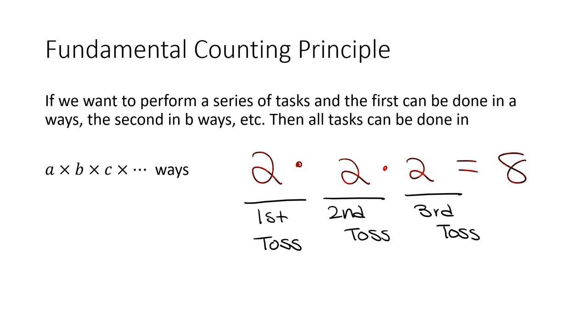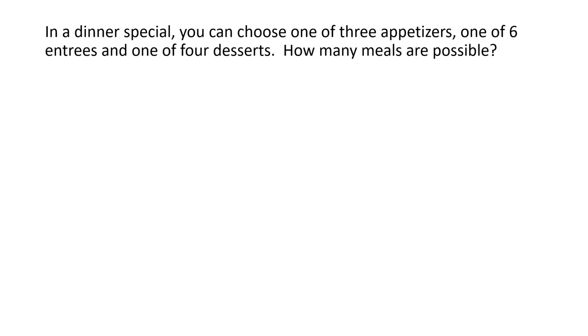There's 2 possibilities. This fundamental counting principle says we can multiply those numbers together. 2 times 2 times 2. That gives us 8. So there are 8 different ways that this can happen. 8 different outcomes when we toss a coin 3 times. So notice we got the exact same answer. That's a nice thing. All right, let's do a couple more examples.